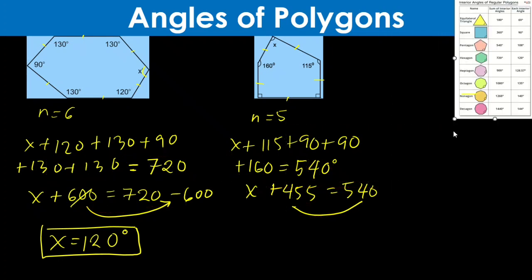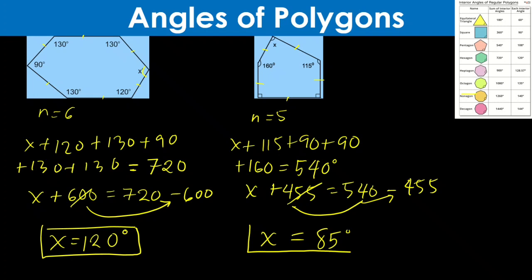Okay, so let's move it here to become minus 455. Let's now move to the other side, so it will be left with x. So 540 minus 455 is equal to 85 degrees. So our x here is an angle, so that gives us 85 degrees.